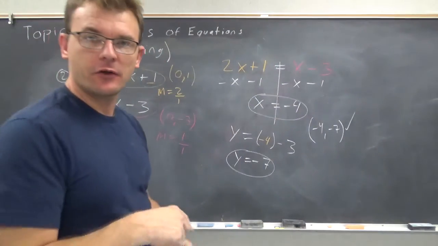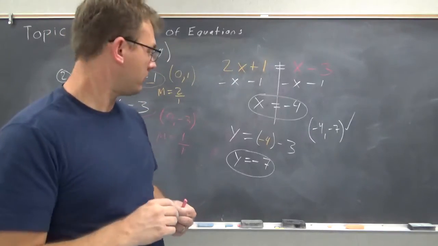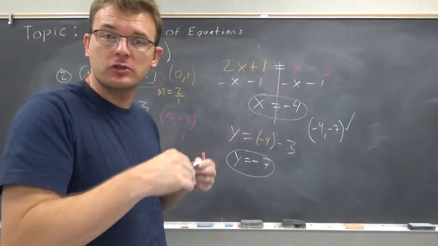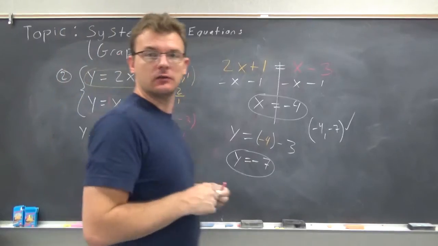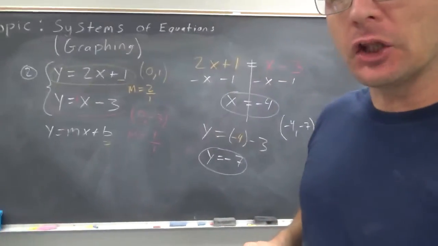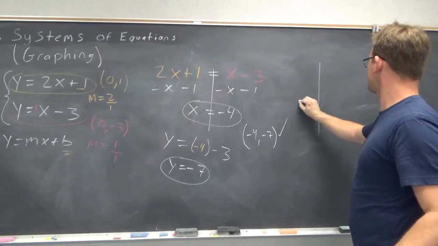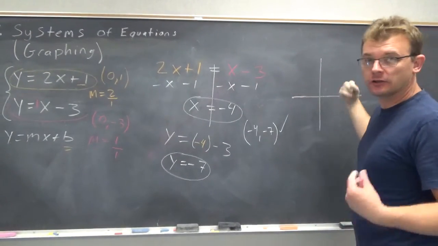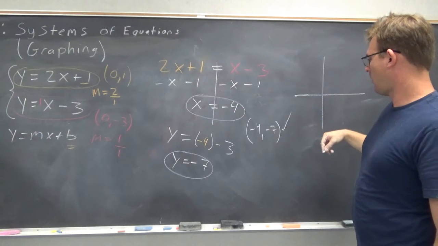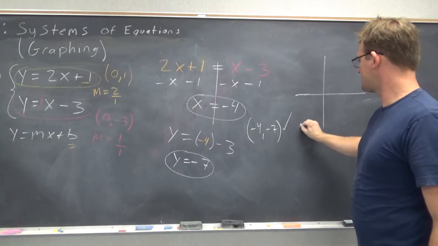If you go back to the graph that we did on your paper, remember where they almost looked like they were going to intersect? So here's our graph that we did. They're going to intersect here.